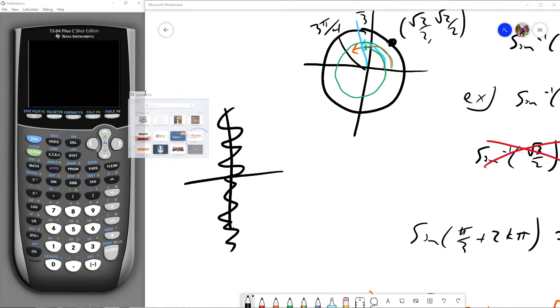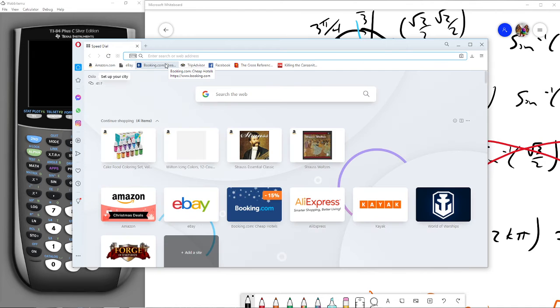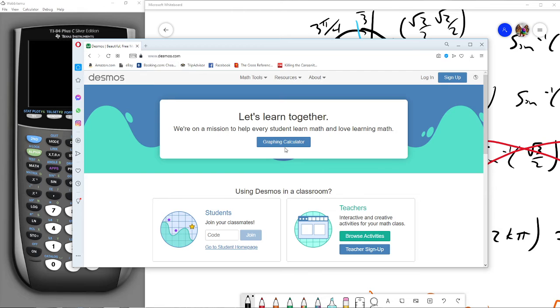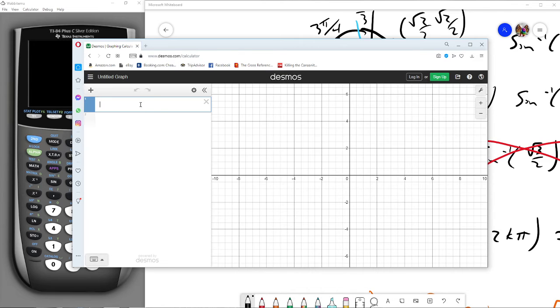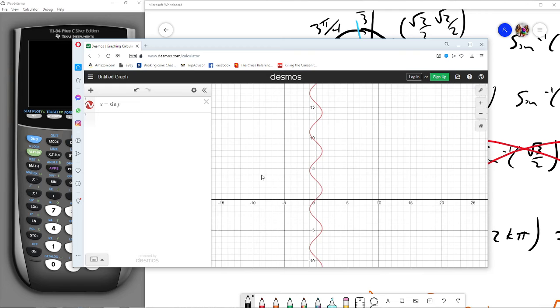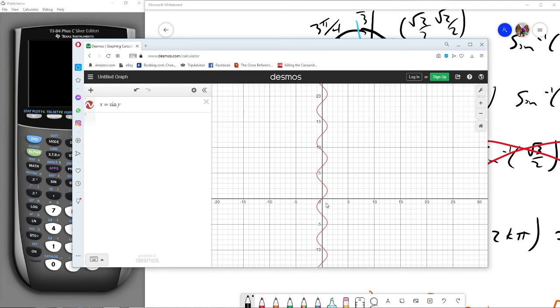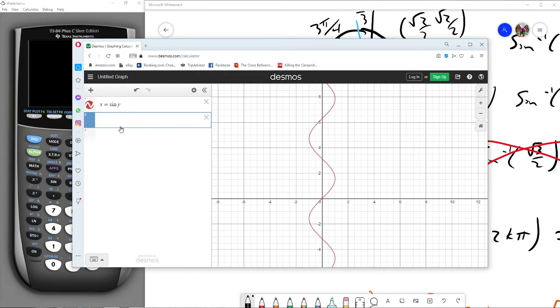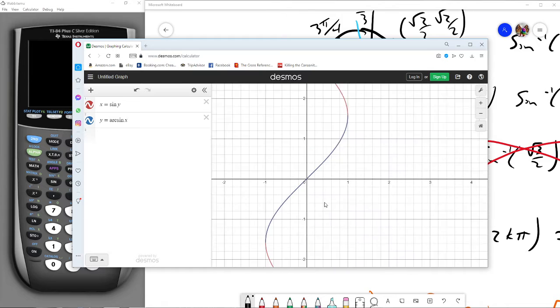In fact, we can just pull that up right now. Take a look at that. So, how about x equals sine y? See there? That is why we did our domain restrictions. In fact, here's arc sine x. And you see, we're just using that little bit right there.